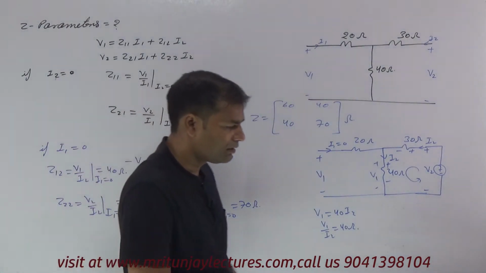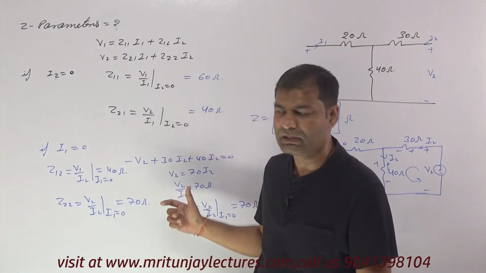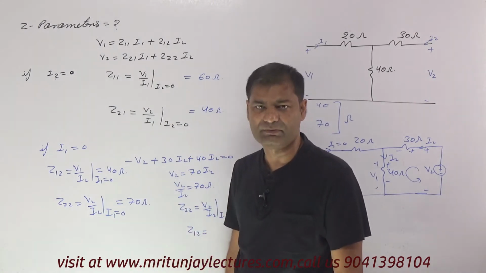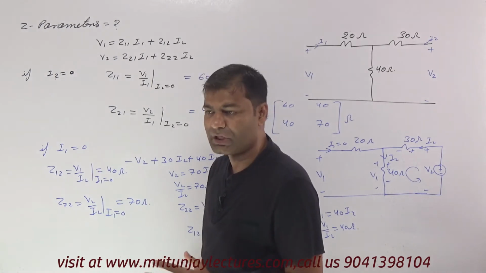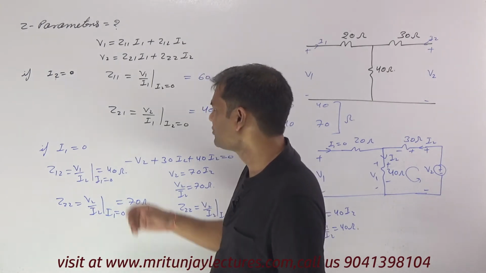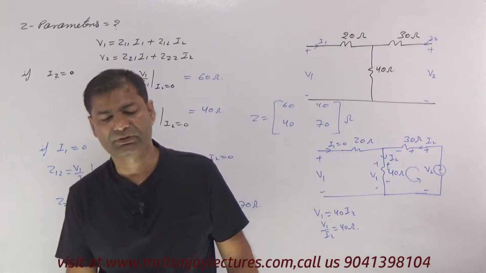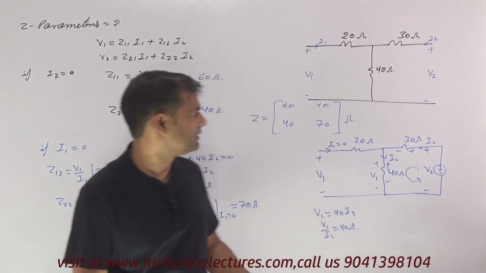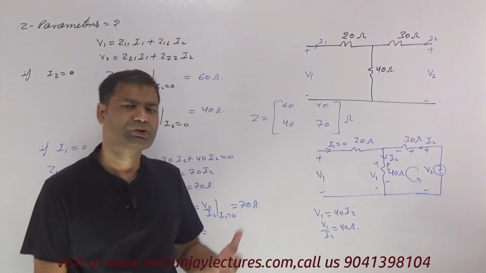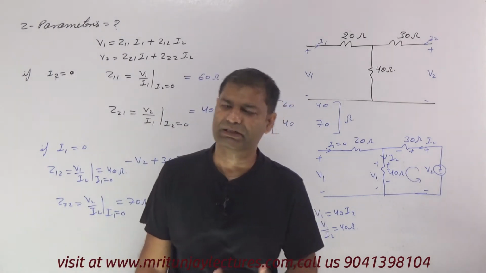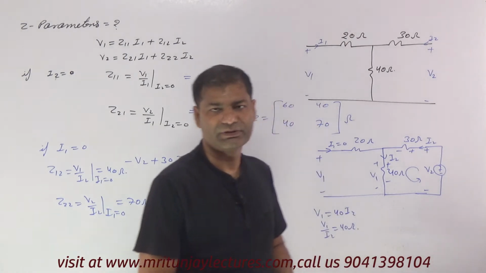Most of the time, if the circuit is complicated, follow this method. Otherwise we follow another method, which I will discuss next. Sometimes the question asks for a single parameter, Z11, Z12, Z21 or Z22, or another parameter, Y parameter, G parameter, H parameter, transmission parameter or inverse transmission parameter.